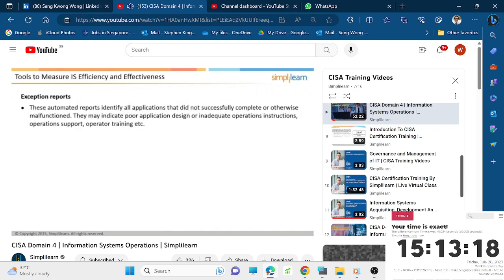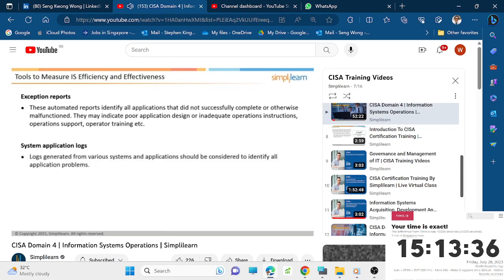Exception reports are automated reports that identify all applications that did not successfully complete or otherwise malfunctioned. They may indicate poor application design, inadequate operations instructions, operation support, operator training, etc. System application logs can be generated from various systems, and applications should be considered to identify all application problems.